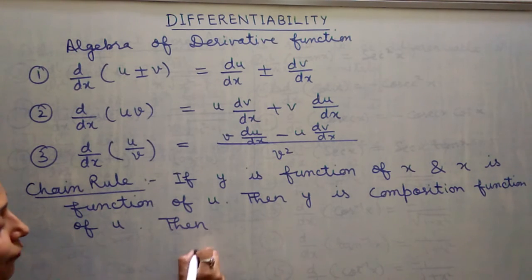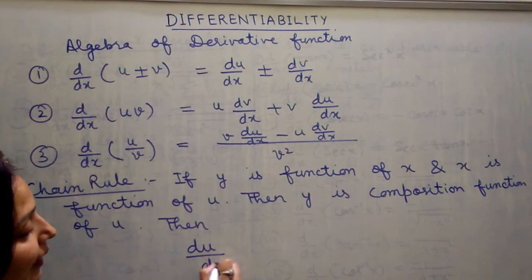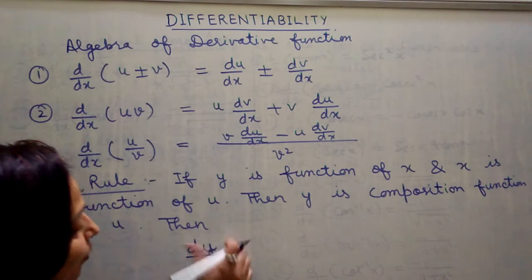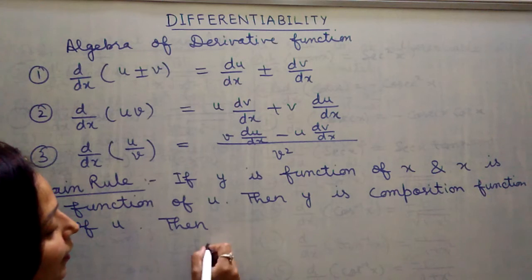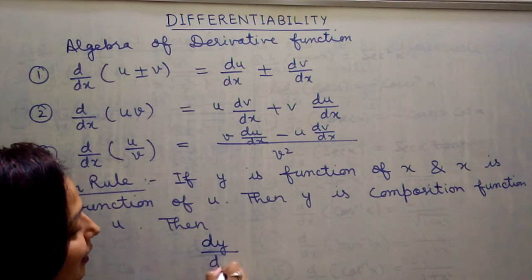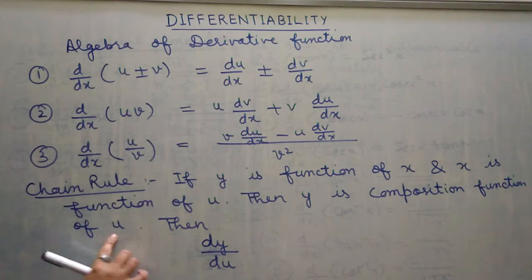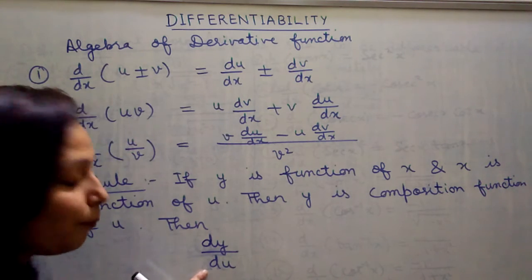How can we find dy upon du? I want to find dy upon du because the final composition function is y in the form of u.